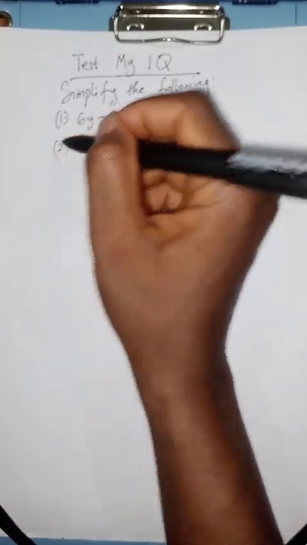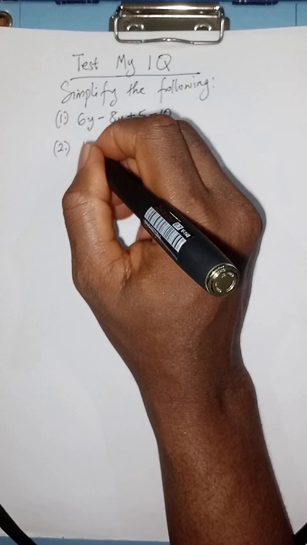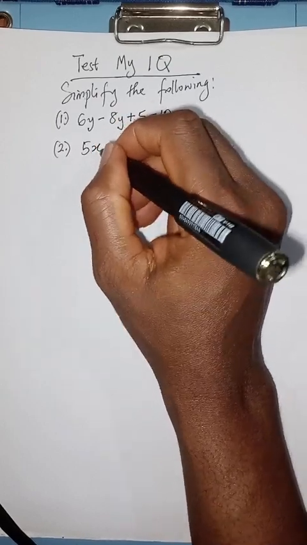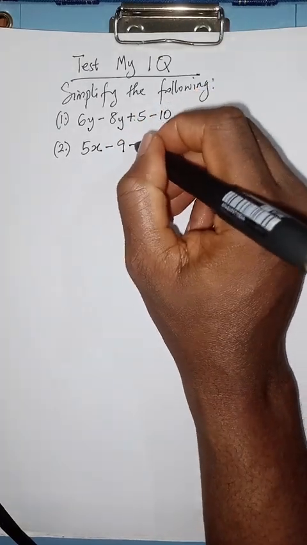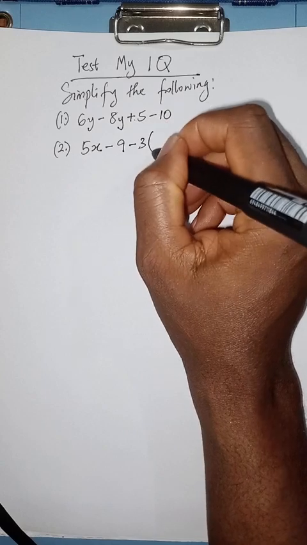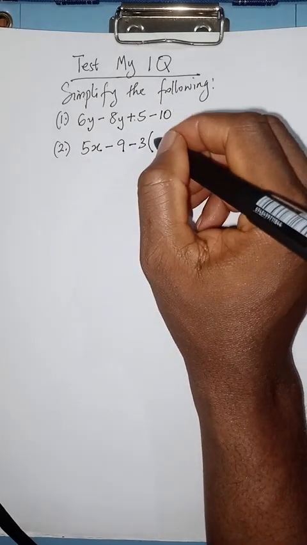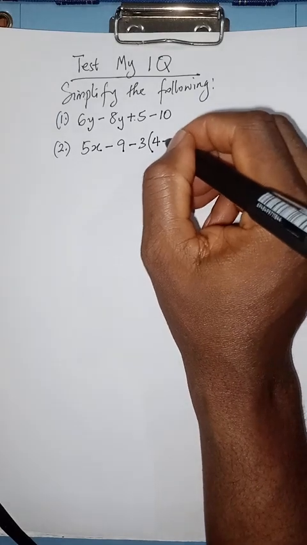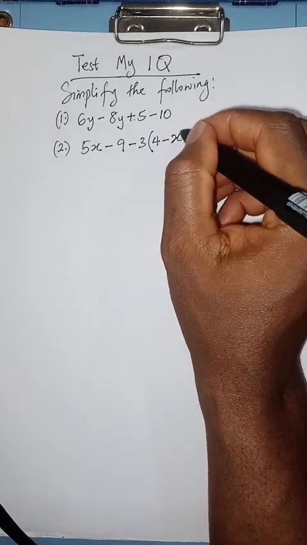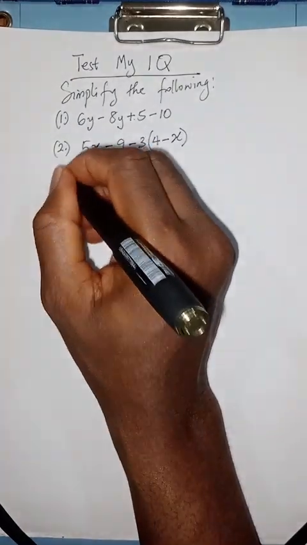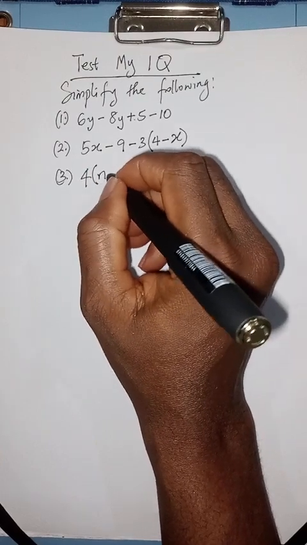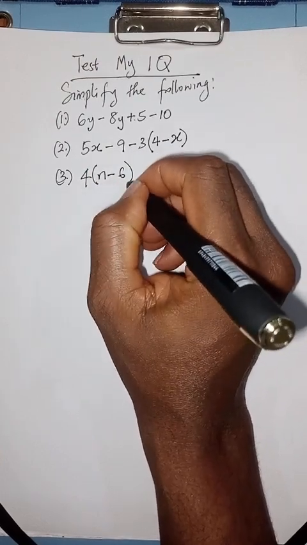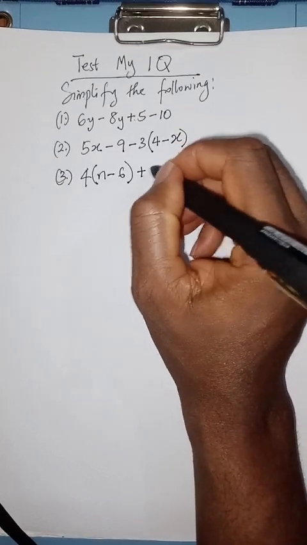Number 2, I have 5x minus 9 minus 3, open bracket, 4 minus x. Number 3, if I have 4n minus 6 plus 2n.